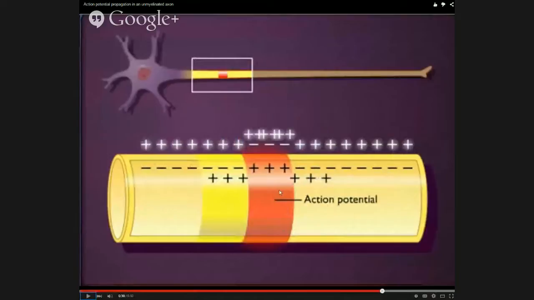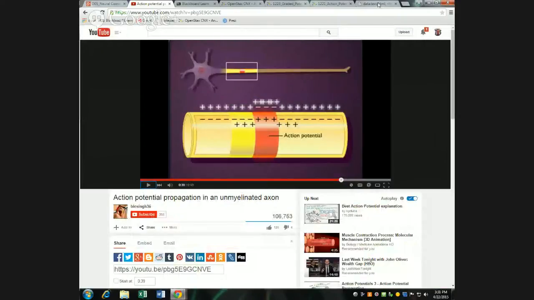So here's the action potential taking place. Where it just was a second ago, represented by the yellow band here, is what's called the refractory period. So let me talk about that for a second.